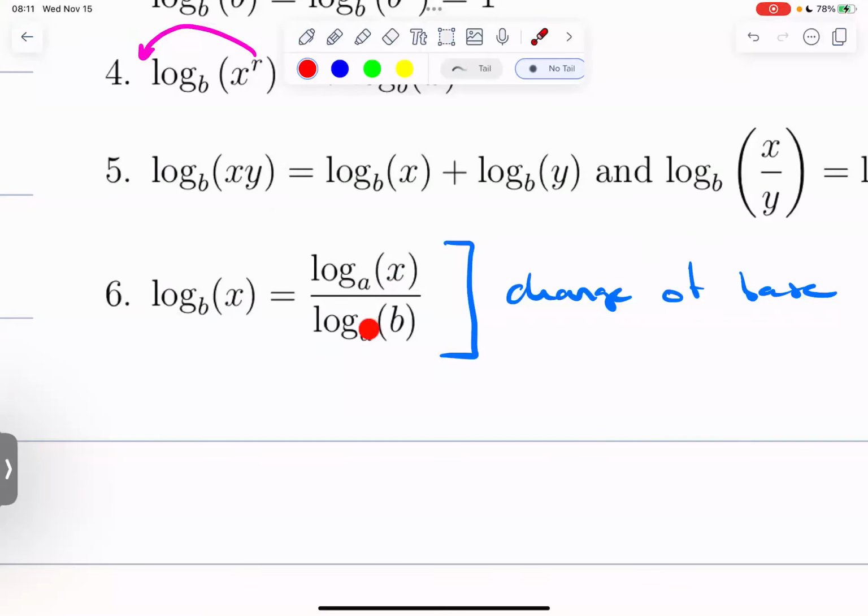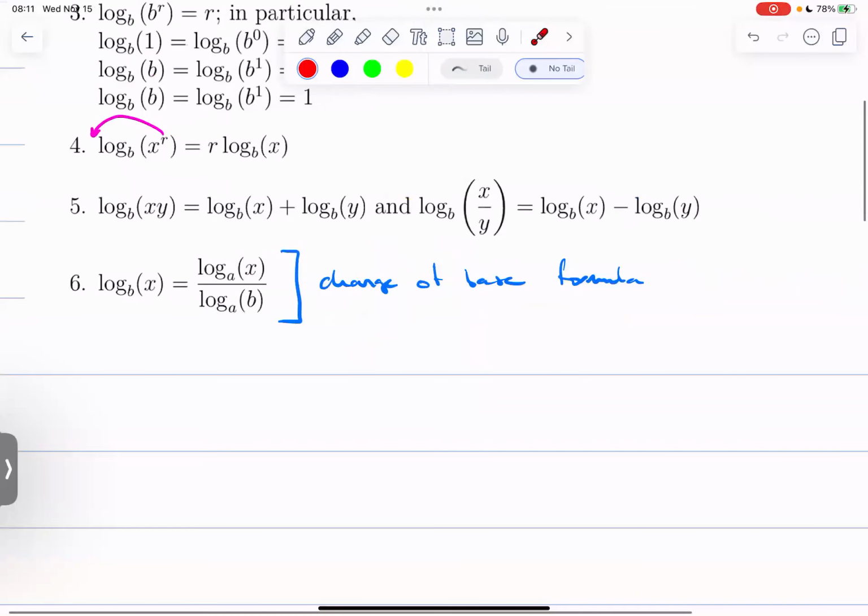So this is the same base, but of b, which is your new base that you want. And then this rule, this change of base formula says that that's the same as log base b of x. And we saw that in an example, right? We said, oh, that's weird that these two equal the same thing. And then we introduced the change of base formula, and it turns out that they are, in fact, the same.